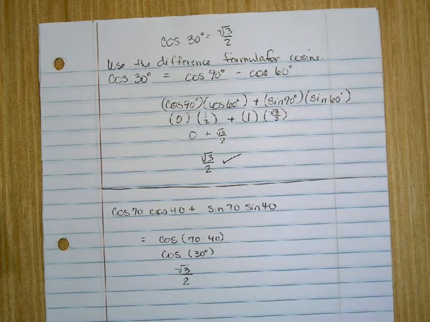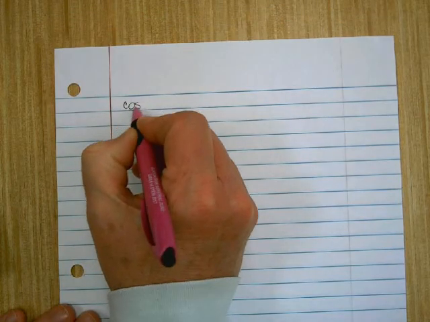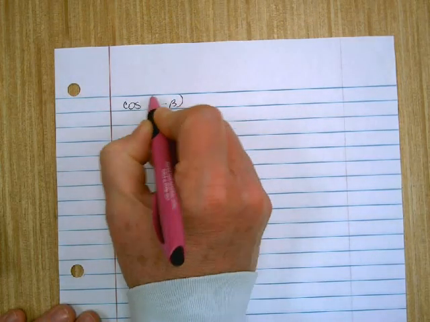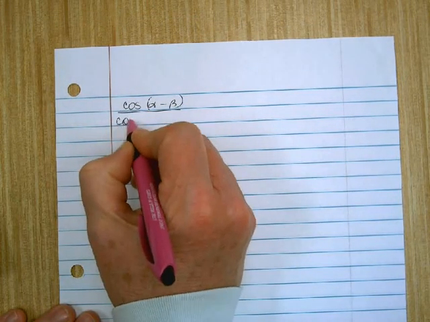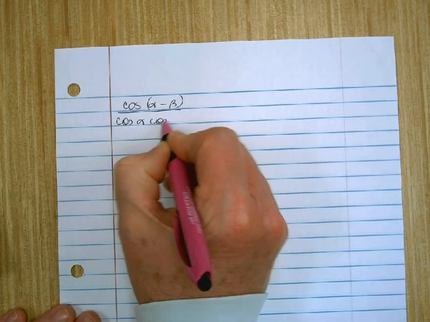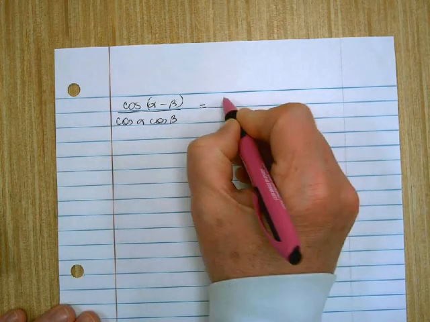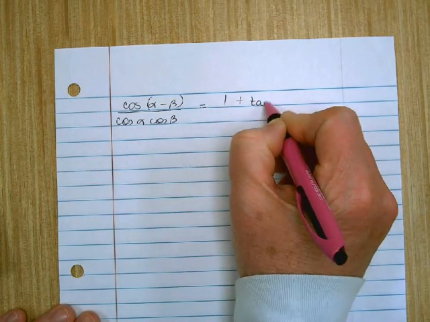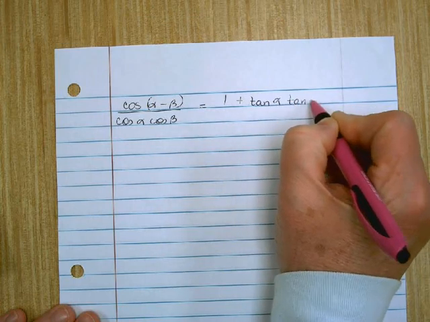We are also asked to verify an identity. Cosine of alpha minus beta over cosine alpha cosine beta equals 1 plus tangent of alpha tangent of beta.